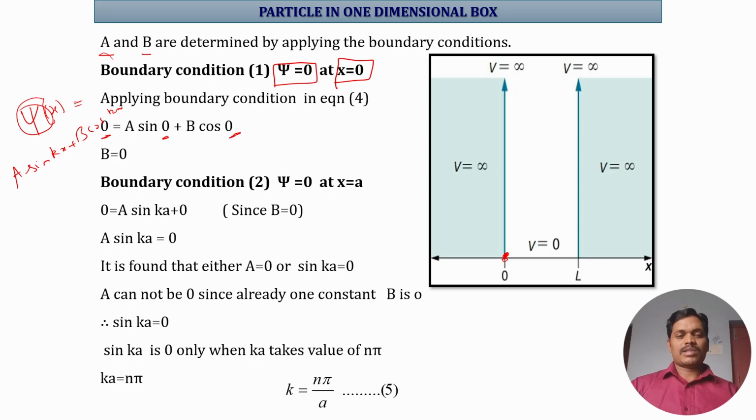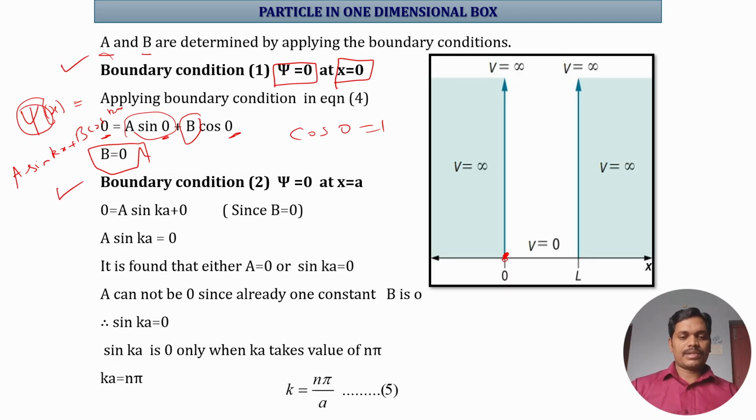In the second term, x is also 0. So as we all know, sin 0 is 0, whereas cos 0 is 1. So it will have B alone in this, and we can get B equal to 0. This is the first boundary condition.